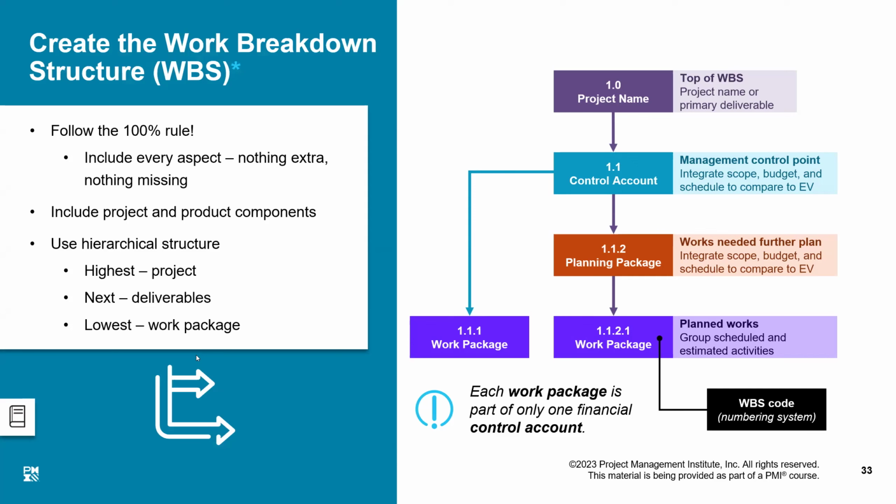And then there could be a numbering system associated with this chart. Maybe the main project is called 1, and the next level could be 1.1, 1.2, 1.3, and then further on we can keep going down. So the work package has a unique WBS code assigned to it.